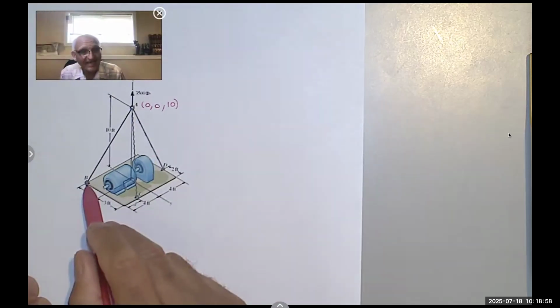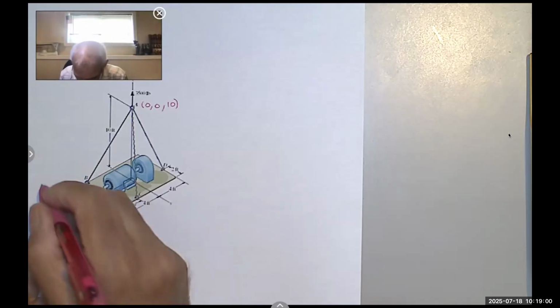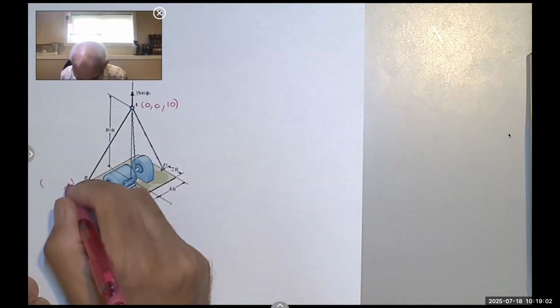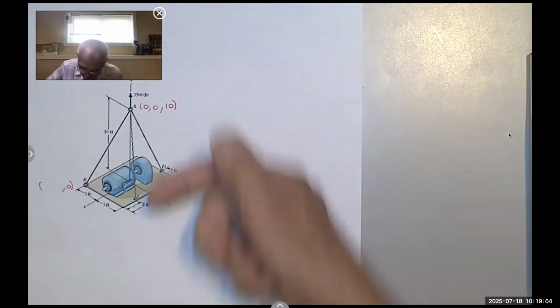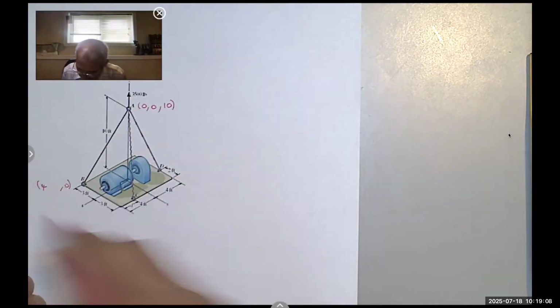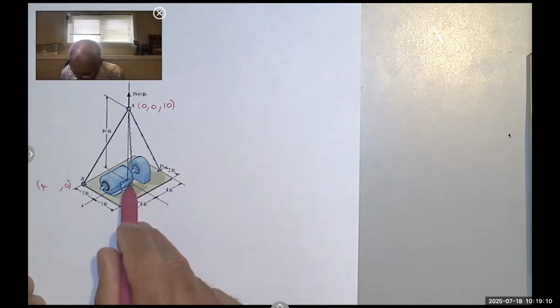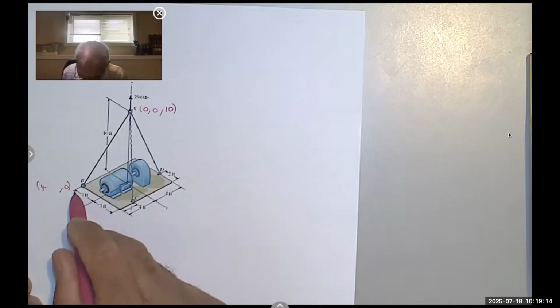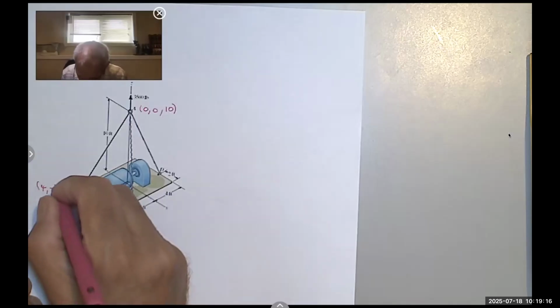Point B is in the xy plane, so the z is 0, but along the positive x, that distance is 4. It is on the negative y, a distance of 3. So 4, negative 3, and 0.